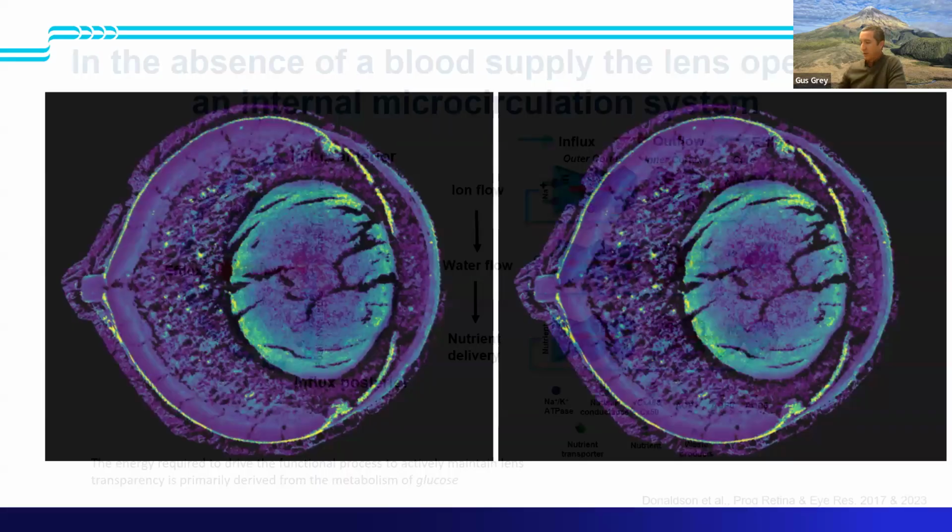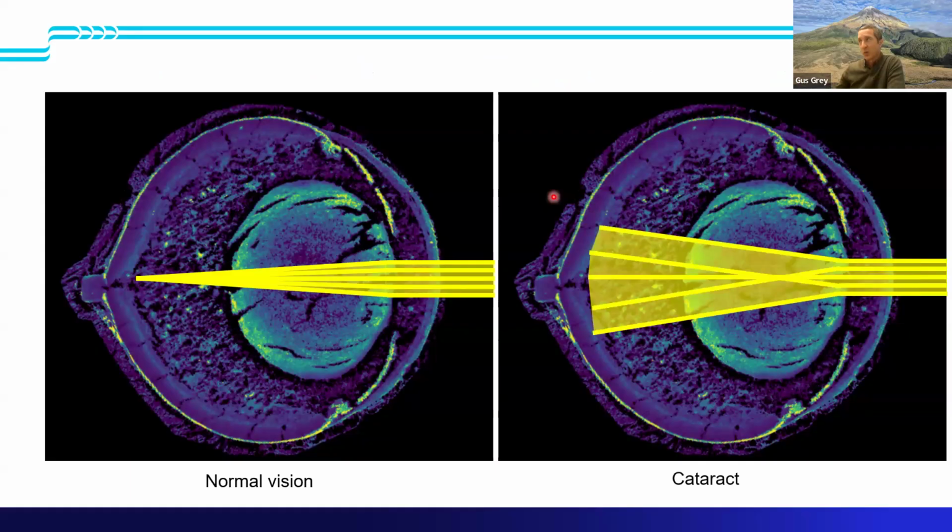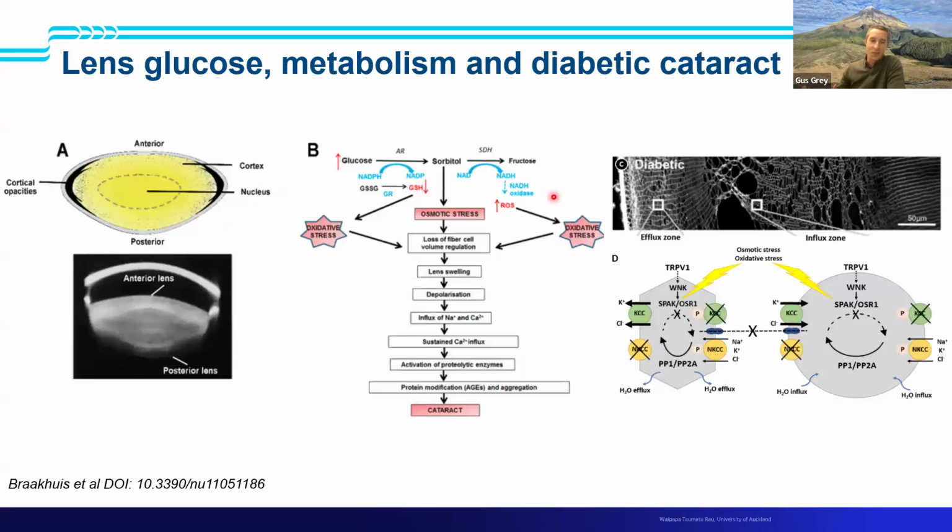So when everything's working appropriately, we get normal vision, but if the structure or the function of the lens breaks down, of course, we get a cataract. So now we're talking about glucose and Halloween candy. So you obviously don't want to have too much glucose in your blood.